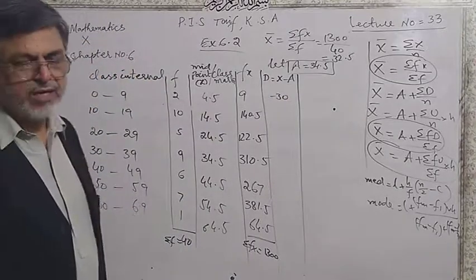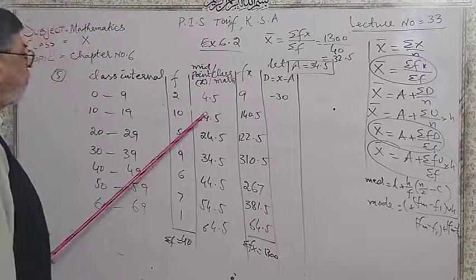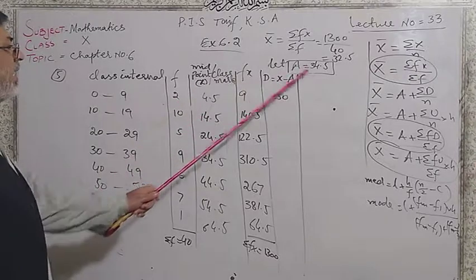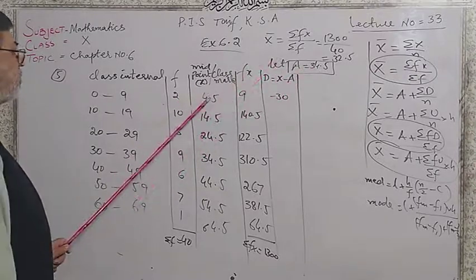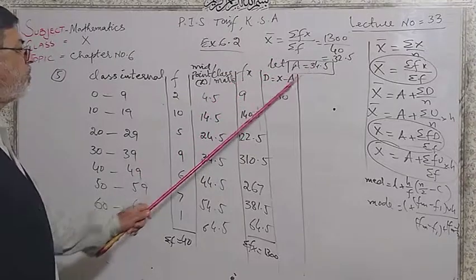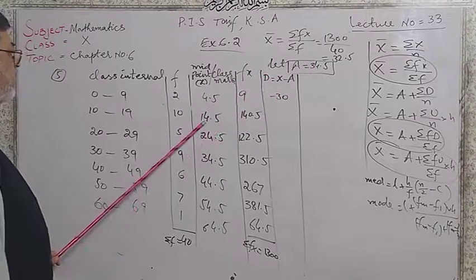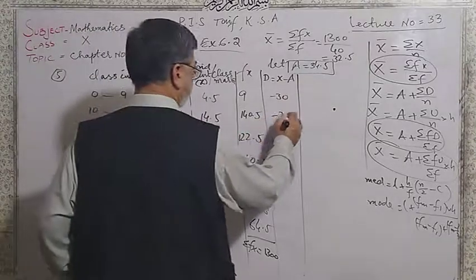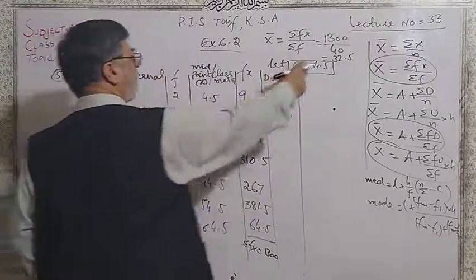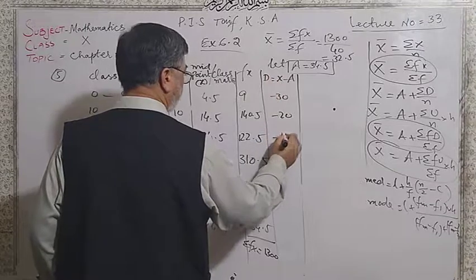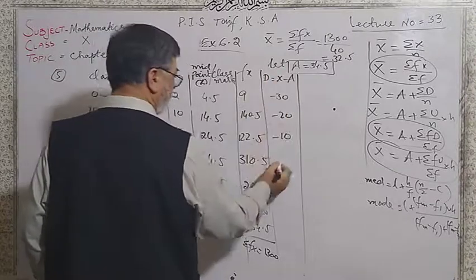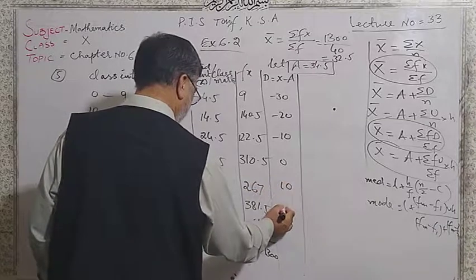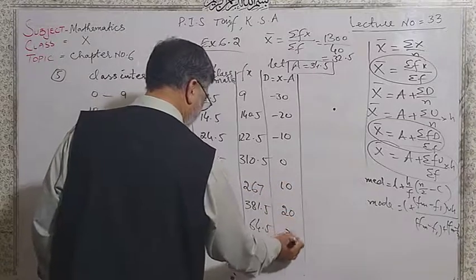This is value of x and A is this constant. 14.5 minus 34.5, that is minus 20. 24.5 minus 34.5, that is minus 10. 34.5 minus 34.5, that is 0. And here is 10, this is 20, and this is 30.